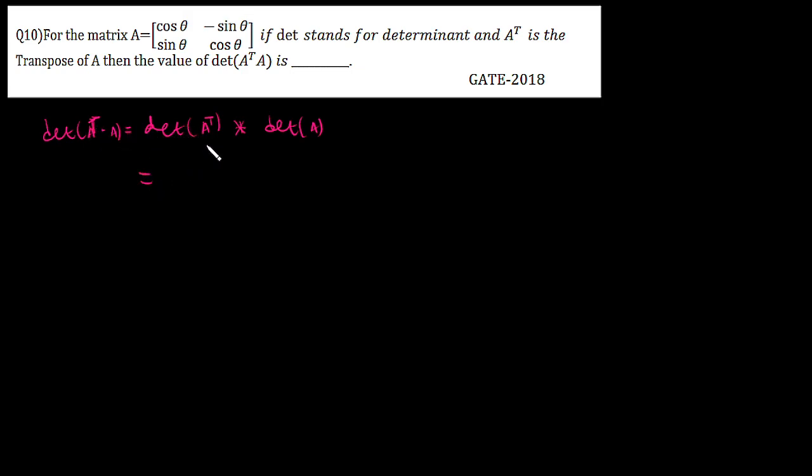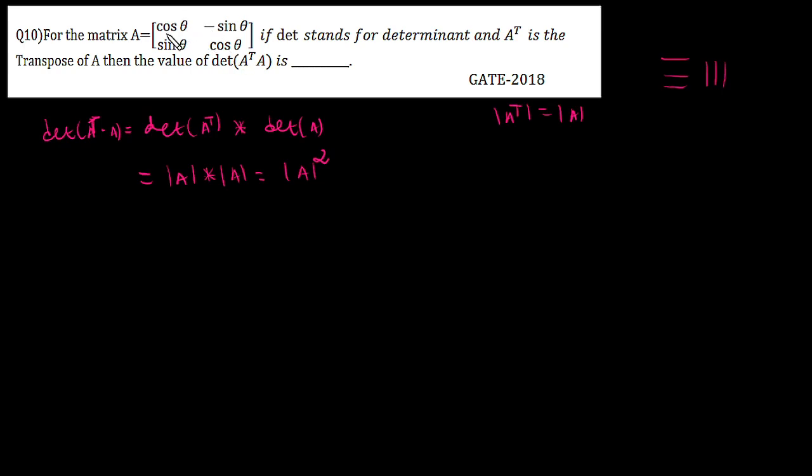From the property of determinant, the determinant of A transpose is exactly the same as the determinant of A, because in the transpose operation we are just interchanging rows and columns. We are not changing any value, so the determinant is the same. So we can write determinant of A multiplied with determinant of A. So I have to find the determinant and square it to find the determinant of A transpose times A.